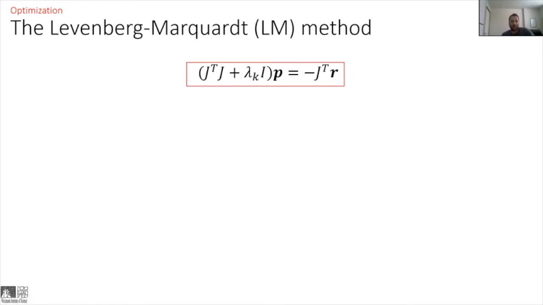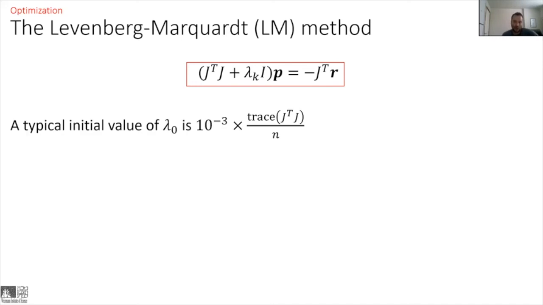So about the Levenberg-Marquardt algorithm, how to choose this lambda. A typical heuristic, let's call it, is to initialize the lambda to something that scales like the trace of J transpose J, the average of the diagonal of J transpose J, times 10 to the minus 3.